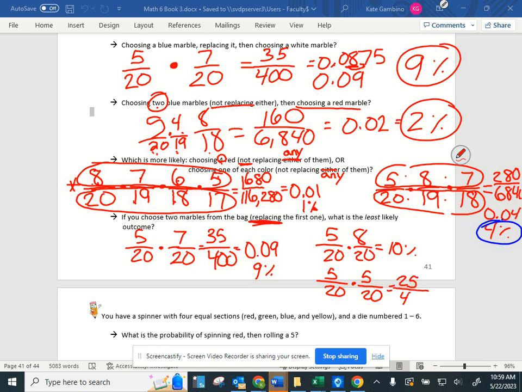And we have 25 over 400, which gives us 6%. So it didn't say what colors, you had to decide. So you want to get the smallest color choices you could get. So blue was the smallest. So if you pick 2 blues, that is the smallest choice possible. So 2 blues.